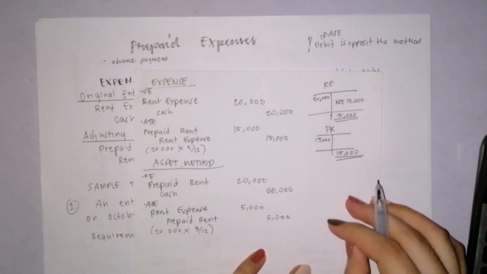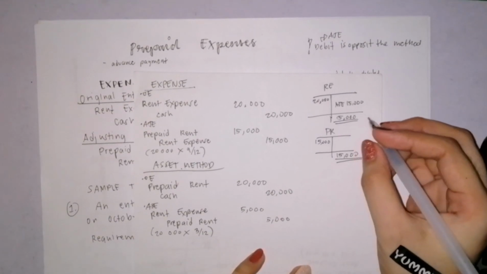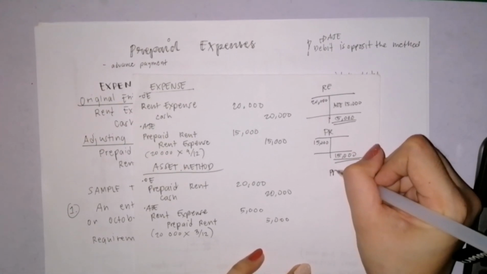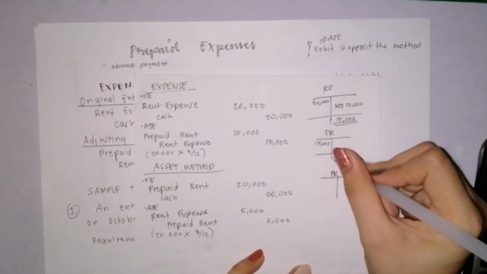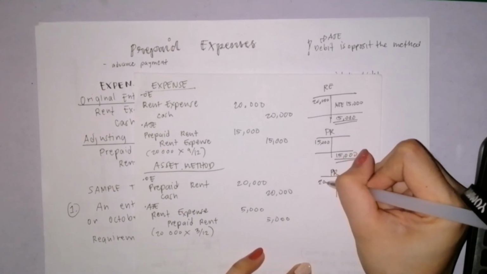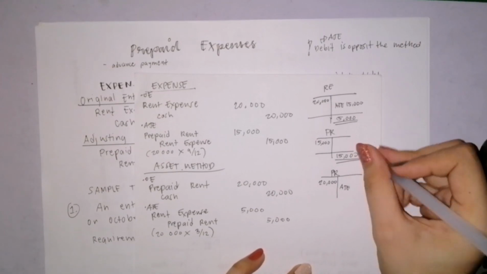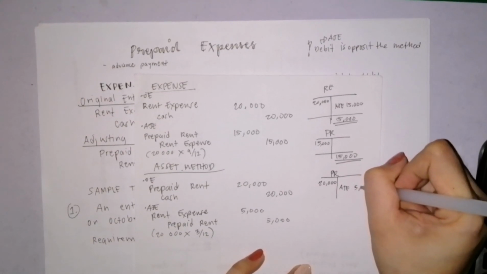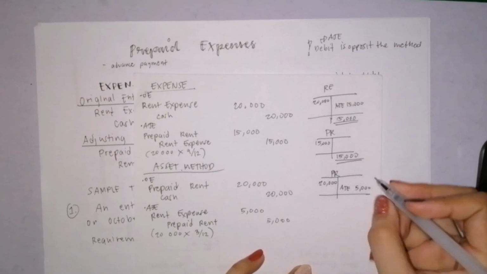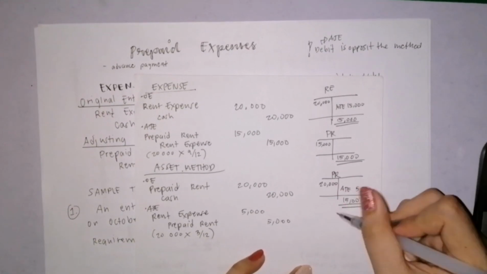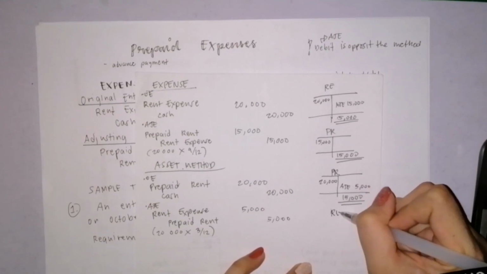So doon naman tayo sa asset method. First, we determine the balance of prepaid rent. We debit prepaid rent amounting to 20,000 and credit 5,000, which is from the adjusting entries. So the balance is 15,000. Next would be the rent expense.